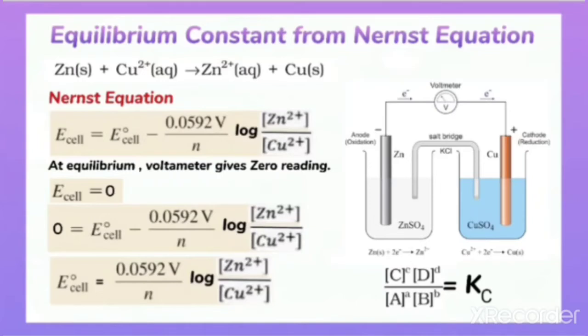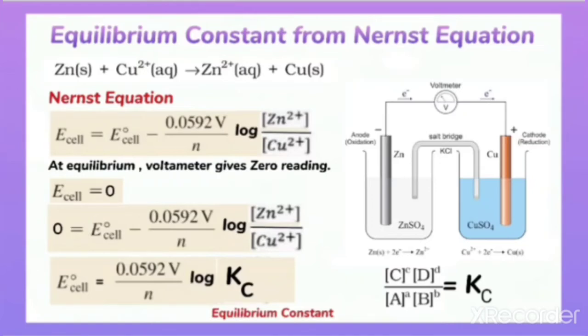Now the concentration of zinc ion by concentration of copper ion can be written in this way, giving the relation between E naught cell and the equilibrium constant.